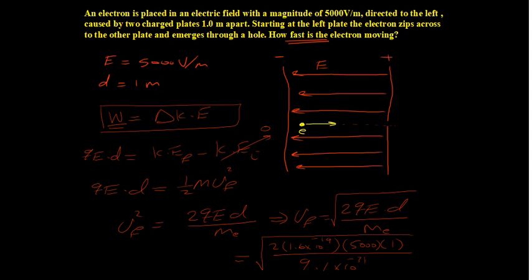And the answer will be almost 42 times 10 to the power positive 6 meters per second. That's really speedy. Anyway, that's the speed of our electron when it zips through that little hole on the positive plate.